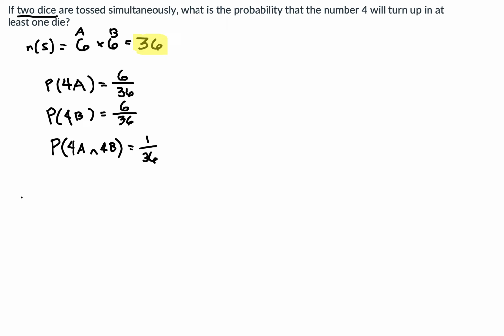So applying the additive rule, the probability of 4A union 4B is equal to the probability of 4A plus the probability of 4B minus the probability of their intersection.